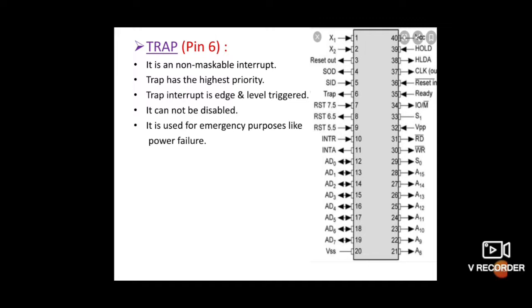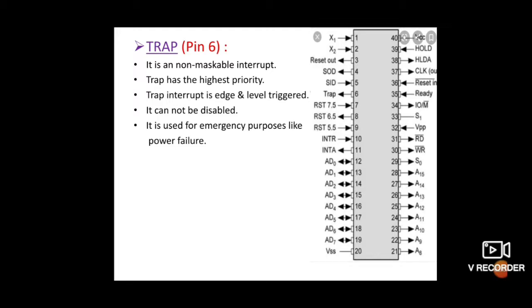What is meant by maskable interrupt? Interrupt means break the sequence. Non-maskable means which cannot be disabled. It is called non-maskable. Second, TRAP has the highest priority. See these 5 pins: TRAP, RST 7.5, RST 6.5, RST 5.5 and INTR.